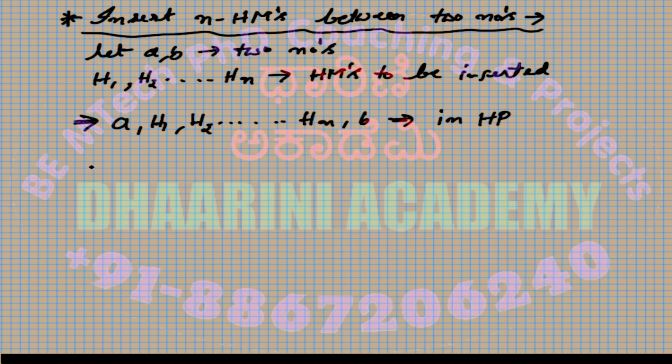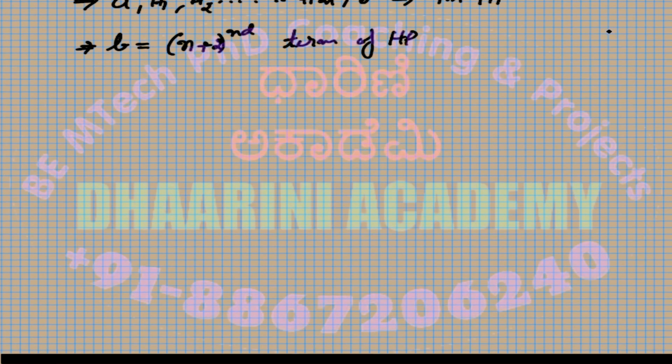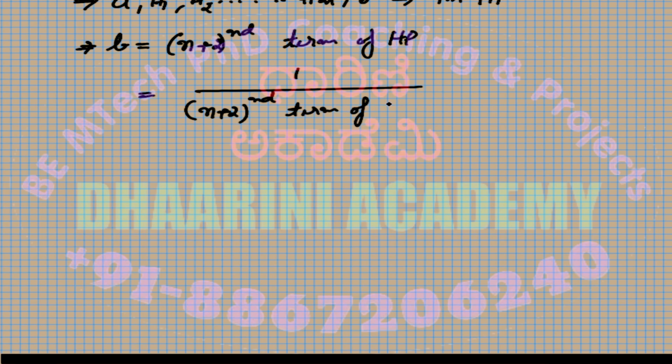So what is B? As per our notation, B is the n plus second term of the harmonic progression. The n plus second term of a harmonic progression is nothing but 1 divided by the n plus second term of the corresponding arithmetic progression. So how to write that?